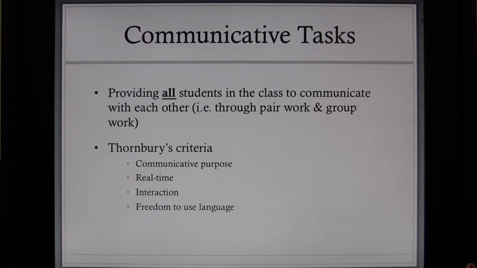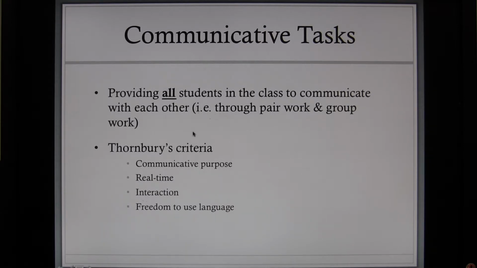This idea that it's providing all students in the class a chance to communicate with each other through pair work, group work. So one thing that was clear with this guy was that he kept it very teacher-centered, and he was just calling on students. And so, as far as I could see, there was no student-student interaction. So the amount of individual speaking time was really minimal.